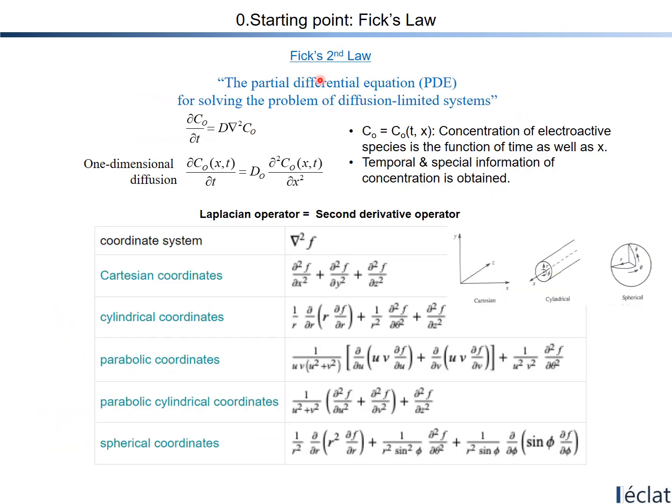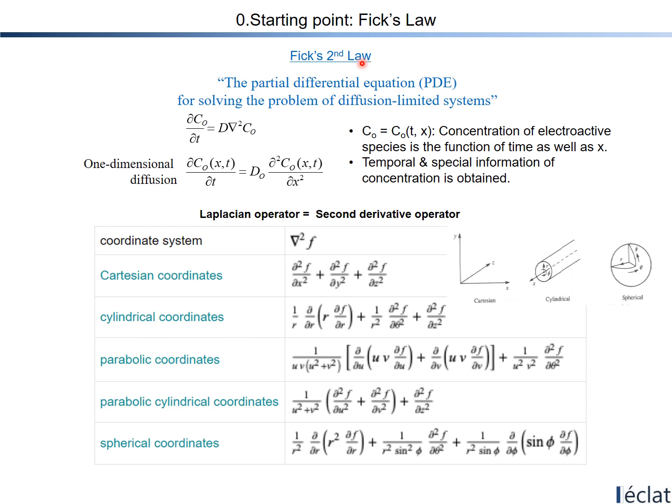Following Fick's first law, here is Fick's second law. Fick's second law is the partial differential equation, or PDE, for solving the problem of diffusion limited systems. For obtaining the analytical solutions, Fick's second law is more important than Fick's first law.